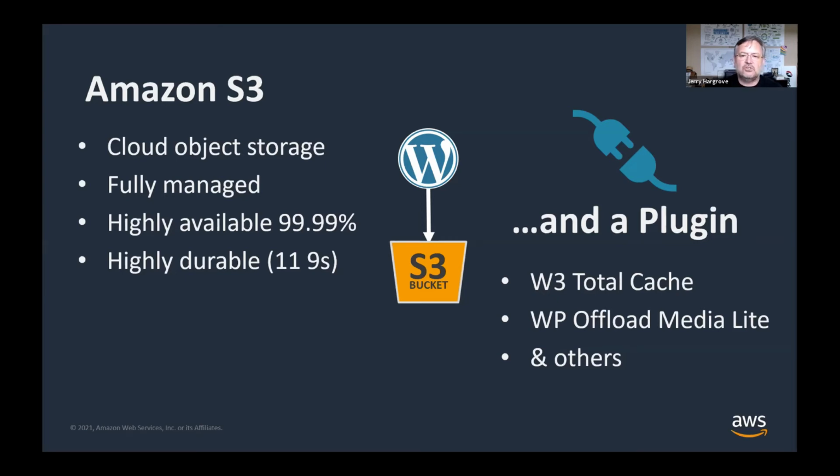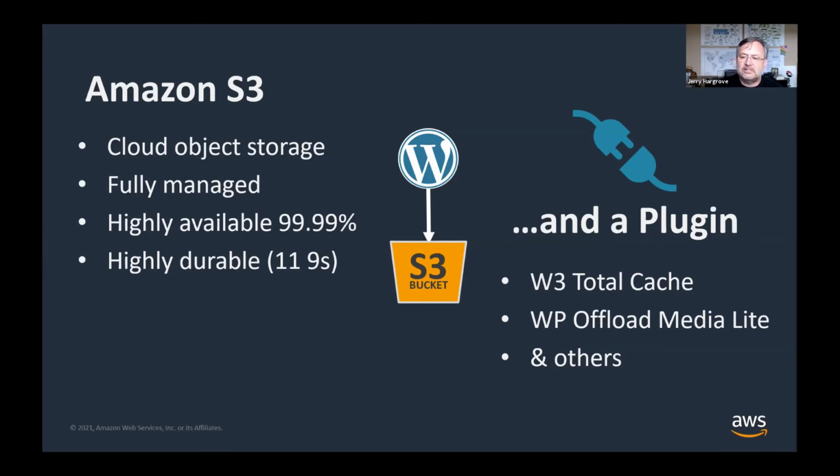What these plugins do is, when a user uploads an image, a video, a document, or other media through the WordPress media uploader, they automatically upload those to a bucket in Amazon S3 and store them there.